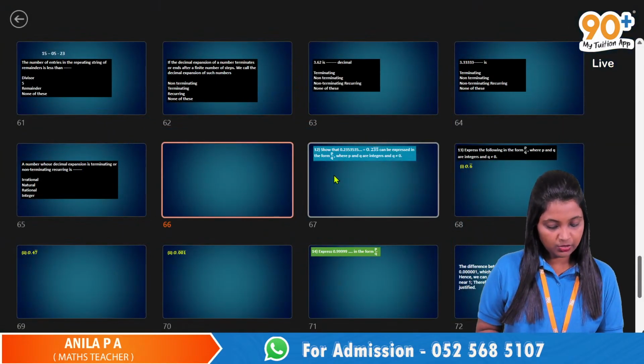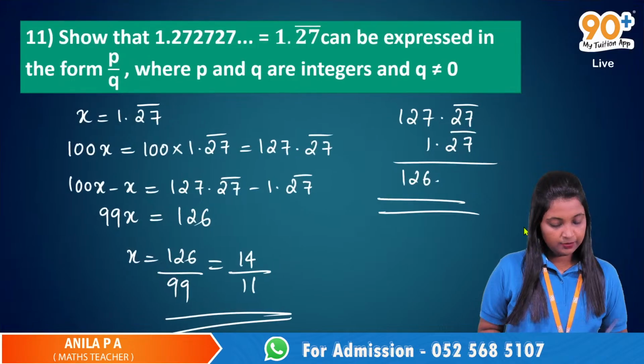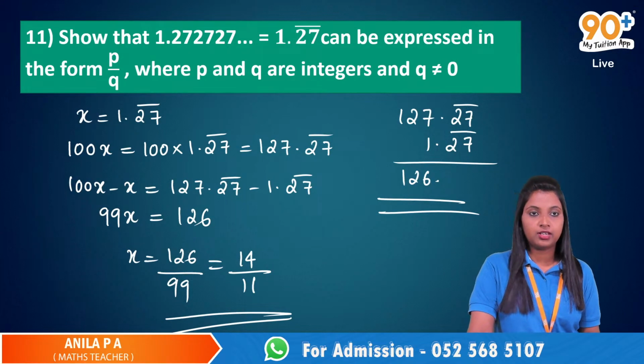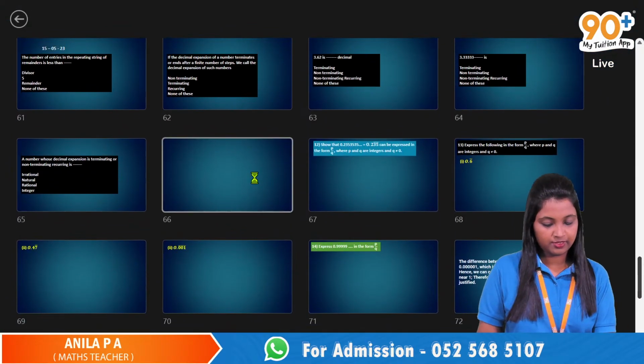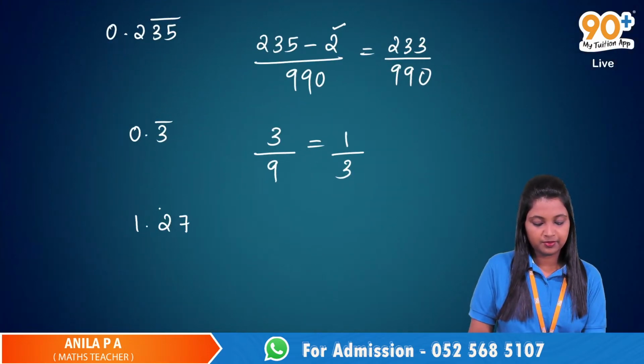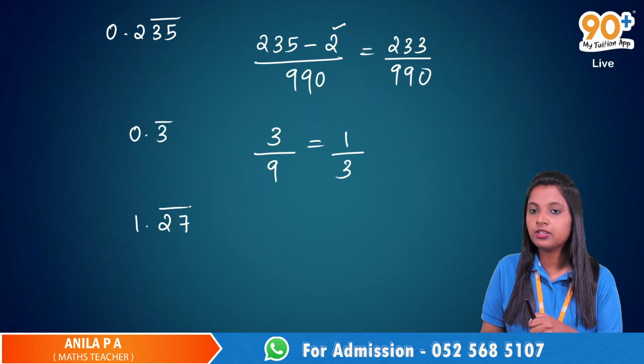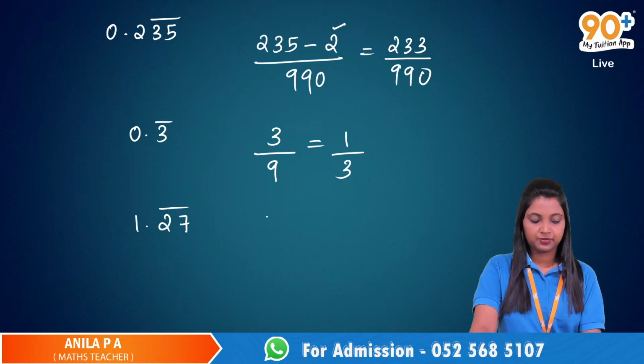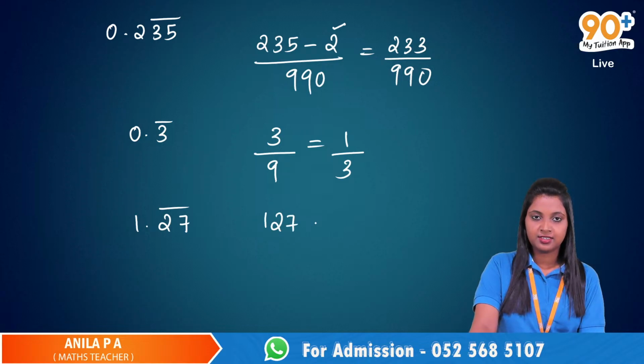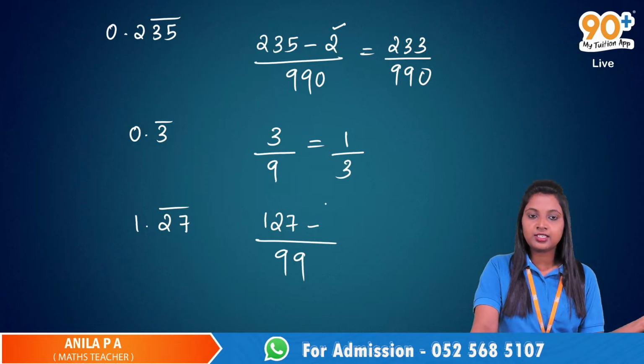So what about this question, 1.27 bar? We have 127, and there are 2 digits repeating, so 99. So we don't have to subtract?